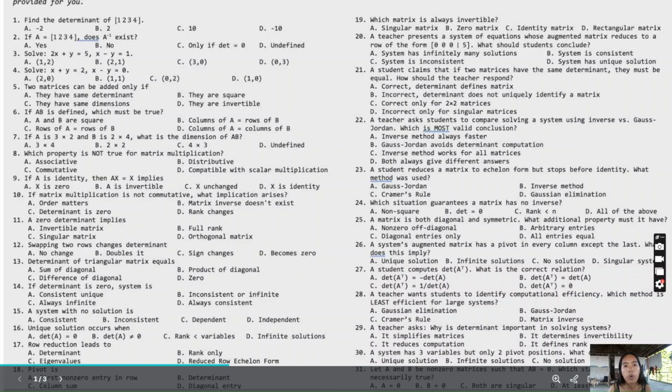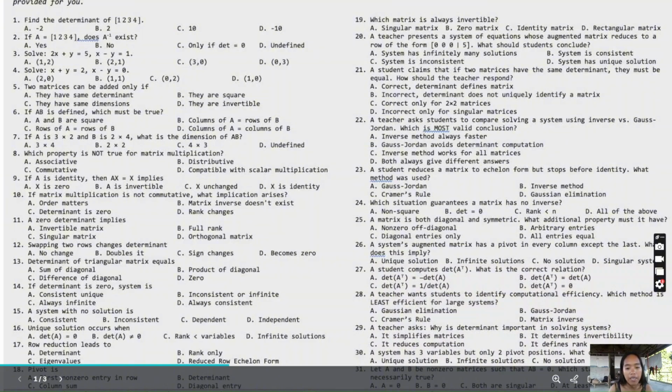So when it has no unique solution, it is either no solution or infinitely many solutions. So if the determinant is 0, we cannot expect exactly one answer. So that is why the best answer is letter B, which is inconsistent or infinite.